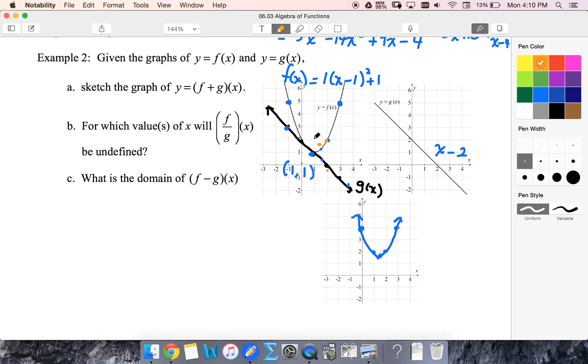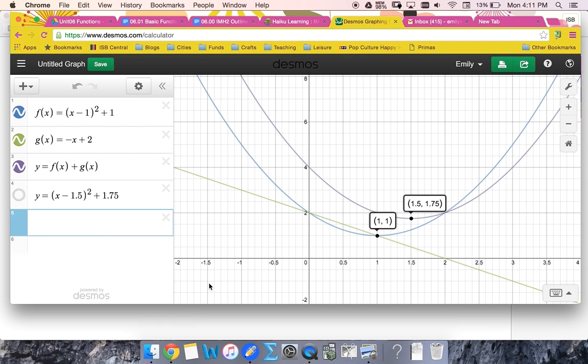I also had 1, 2, and then I had 0, 4, and I also had 3, 4. So it looks like I've got another parabola inside there. It goes like that. So let's look over at Desmos. We have our f of x, g of x, and as we can see, the addition is inside and moved over. And we can write the exact equation if we wanted to based on our vertex.